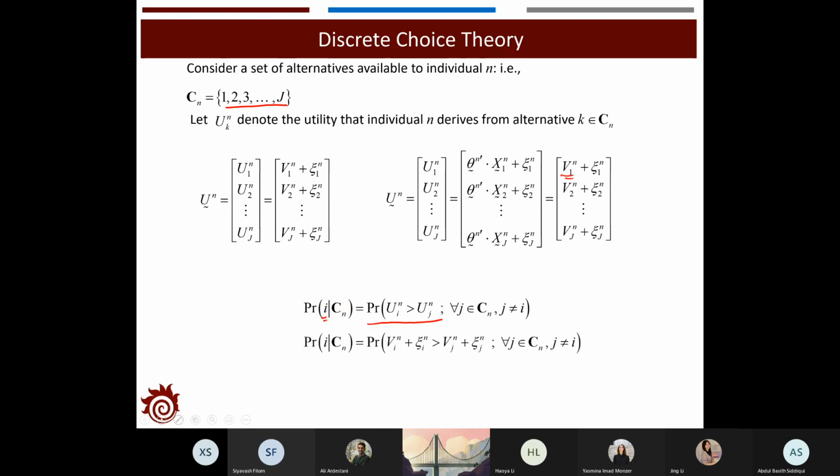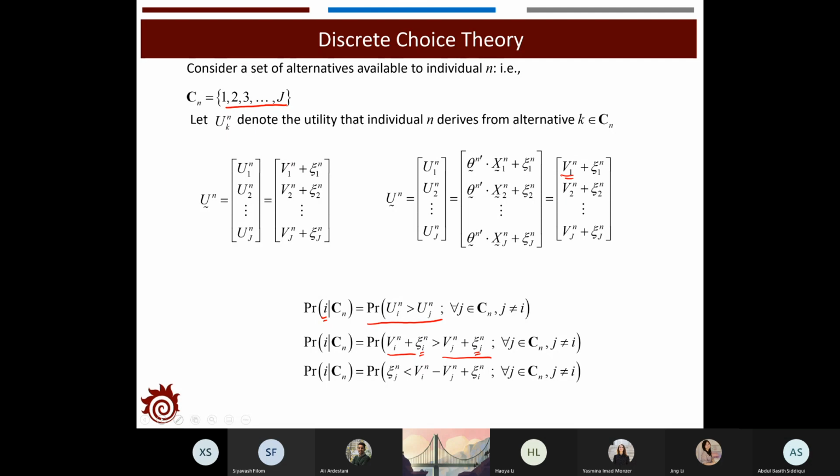We also have the expressions with the deterministic and random components. Here you can see that in this equation we have two random variables, epsilon I and epsilon J, and we have to think about how the distribution of these two random variables will affect our estimation of the probability of choosing the alternative I.